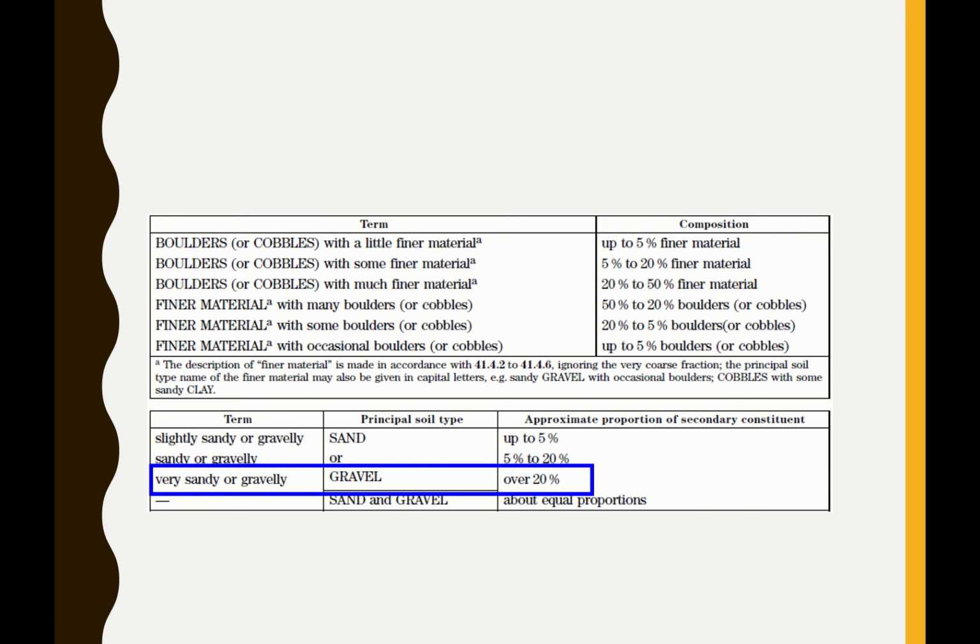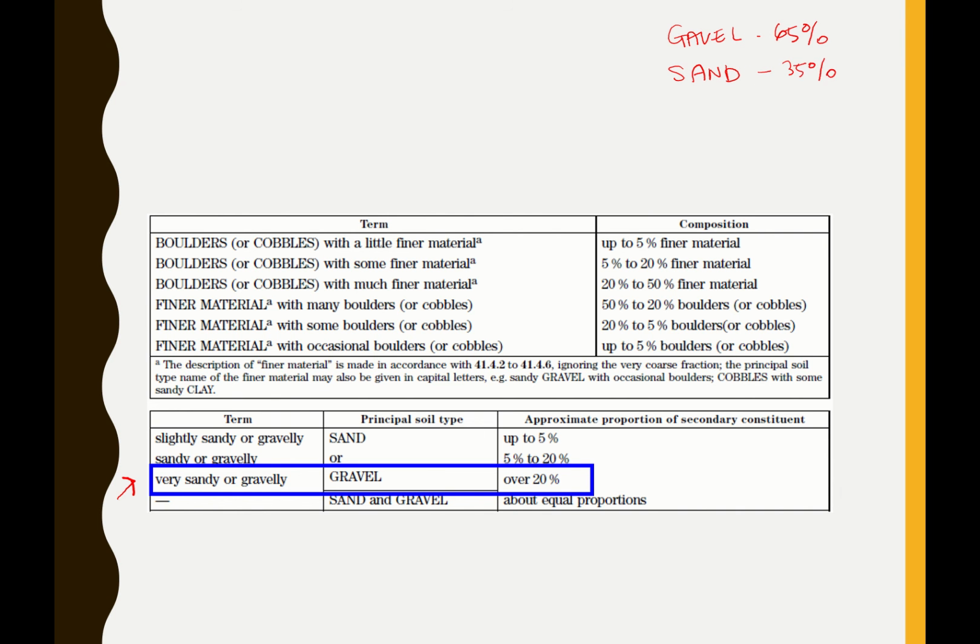We put the words very sandy because last time you got gravel about 65%. This is the primary composition of the soil. And then you have the value of sand about 35%.